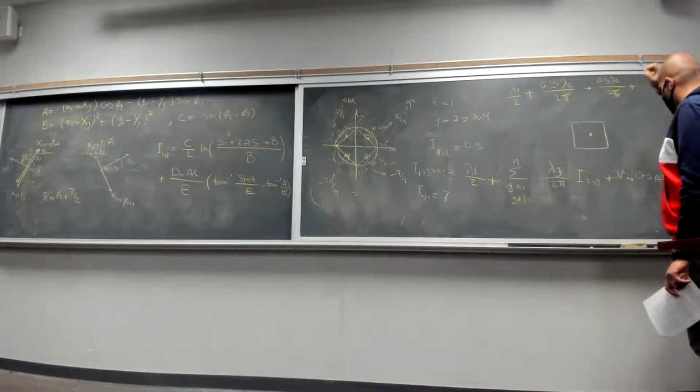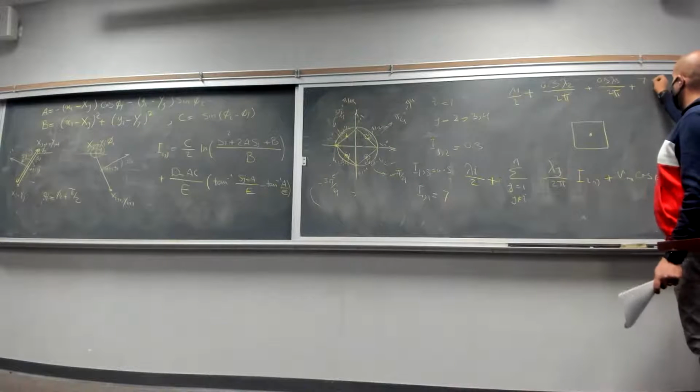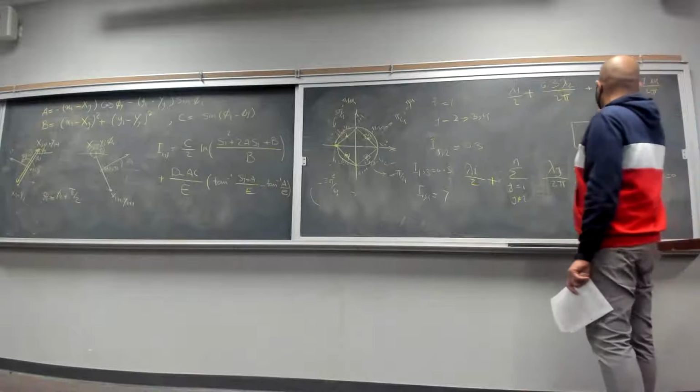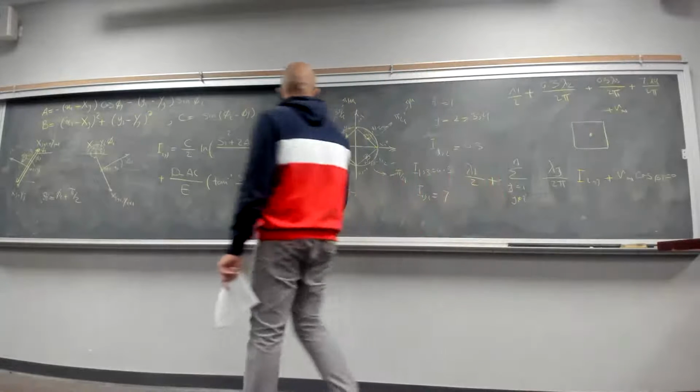Plus the last one, I of 1 and 4, 7, multiplied by lambda 4 divided by 2 pi, plus V infinity cosine of beta 1.